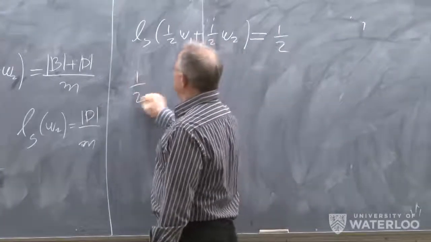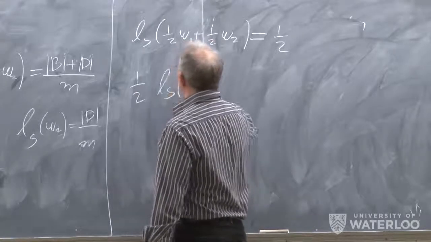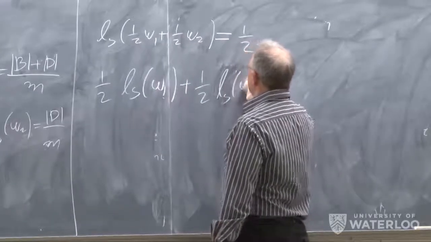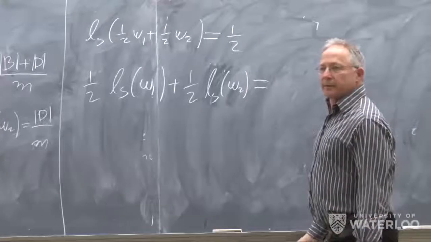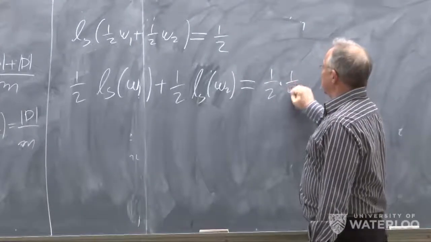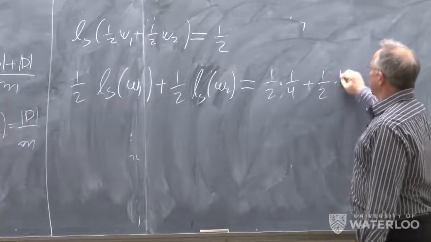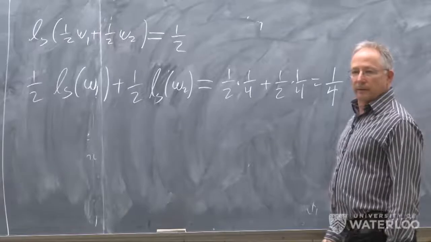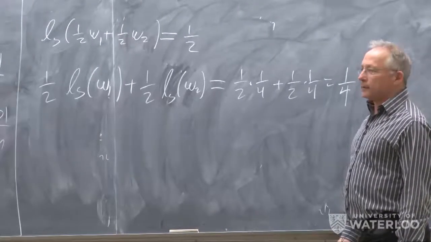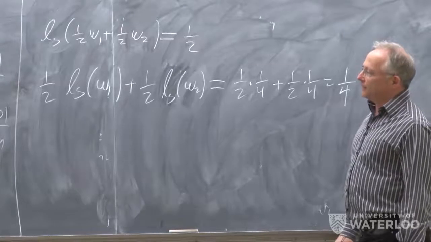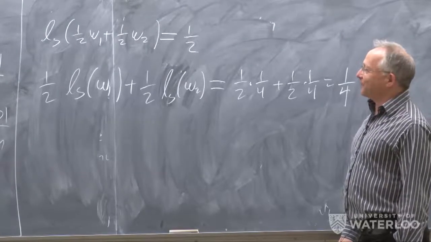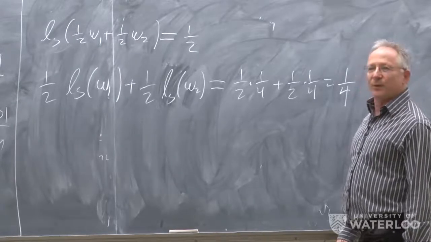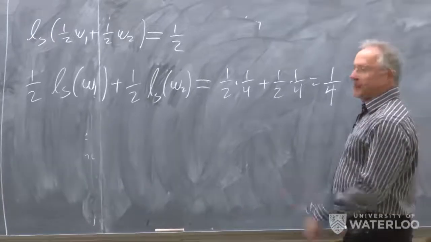But half the loss with respect to S of W1 plus half the loss with respect to S of W2 is going to be half times a quarter plus half times a quarter, which is just a quarter. Did we get it right or did we get it the opposite way? Yeah, we got it right.